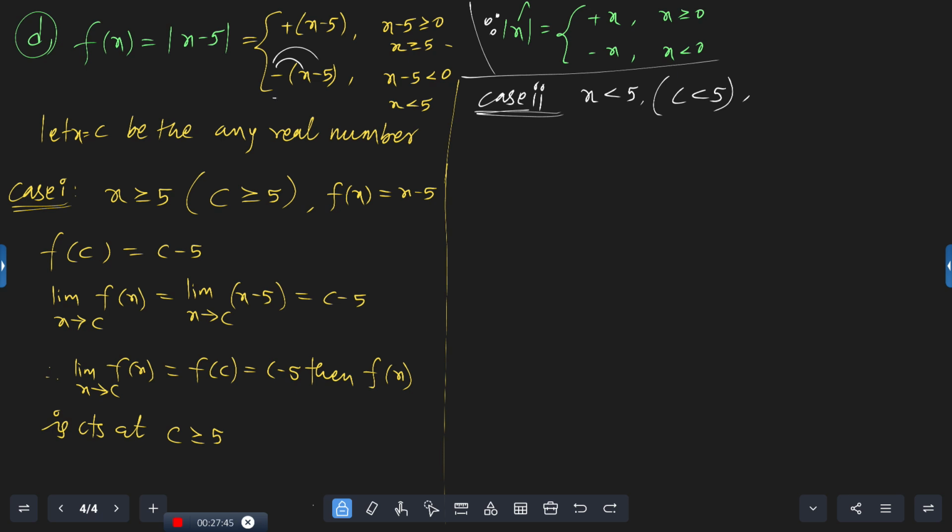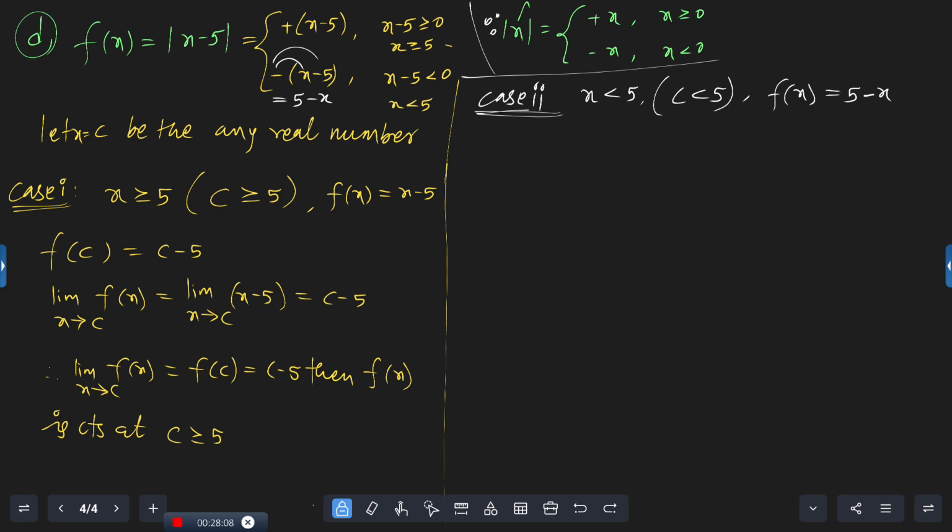So what I'm getting is plus 5 minus x. So I multiplied the negative inside. Now the expression is different. Now I will be using that here. So what is my function? f of x is equal to 5 minus x. After I multiply the negative inside, it became like that.